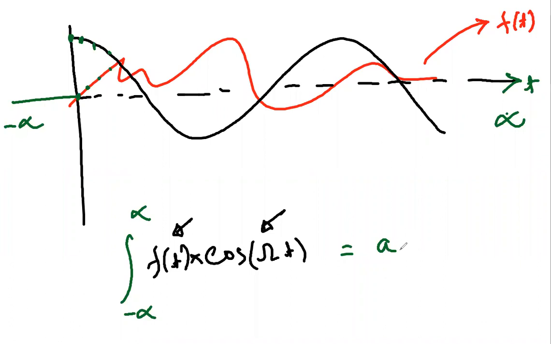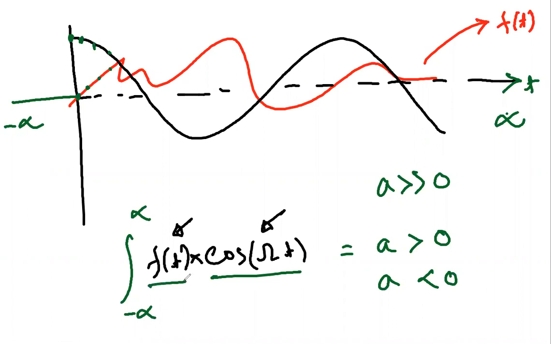If this a, that means the value after summing up, is more than 0 or a is less than 0, that means you have some similarity. If the similarity is very high, that means a is very, very much higher than 0. It shows that you have a higher component of cos omega t inside f(t).